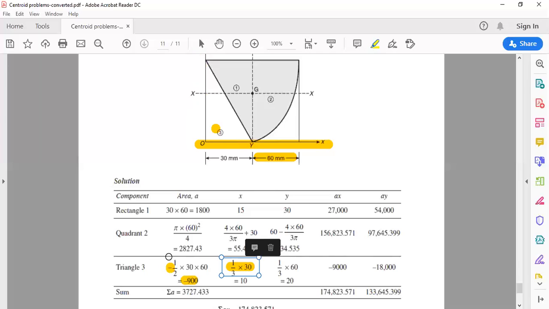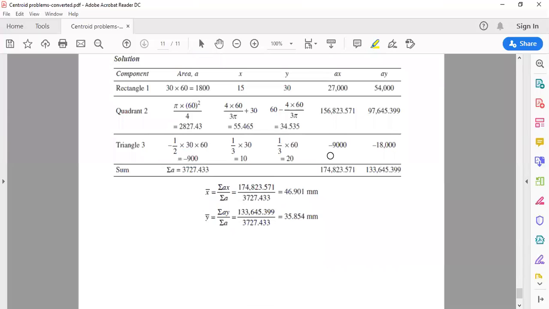Once all the parameters, that is a, x bar, y bar of all the diagrams, are calculated, we calculate ax and ay. Next, the summation of all the areas, summation of ax, summation of ay. Again, I repeat, not to forget the minus sign which we have got.